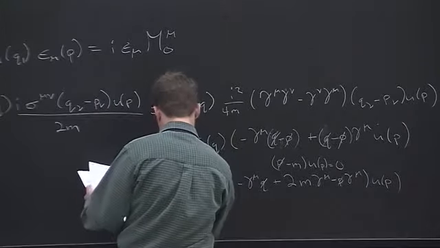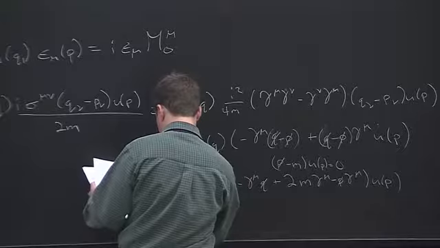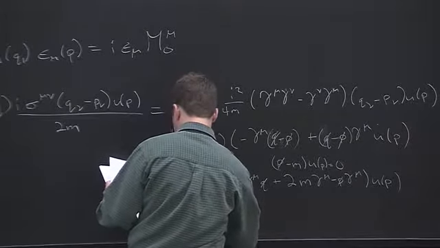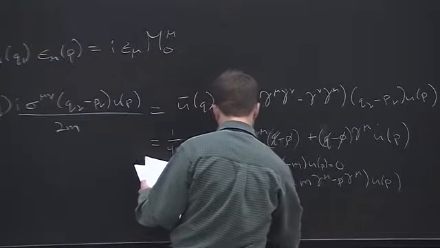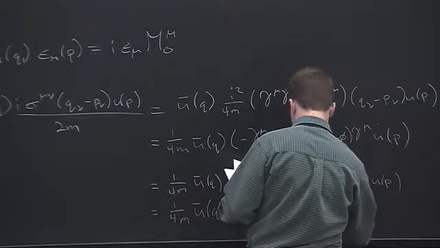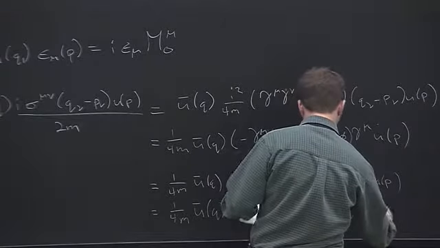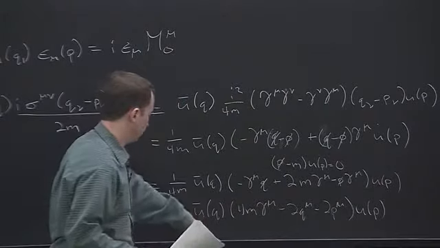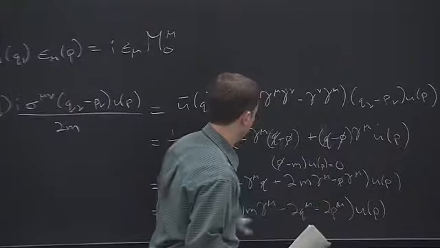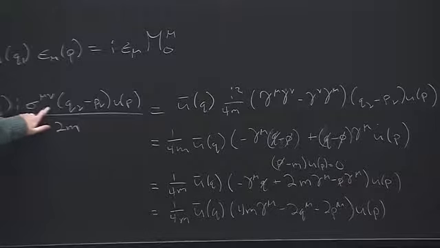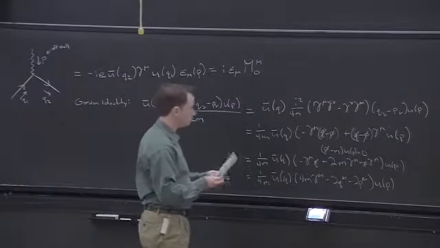So that will give us 1 over 4m ū(q) [4m γ^μ − 2 q^μ − 2 p^μ] u(p). So we see here the term we have, ū γ^μ u, and we can relate that to the term we want, which has a σ and the momentum of the photon.